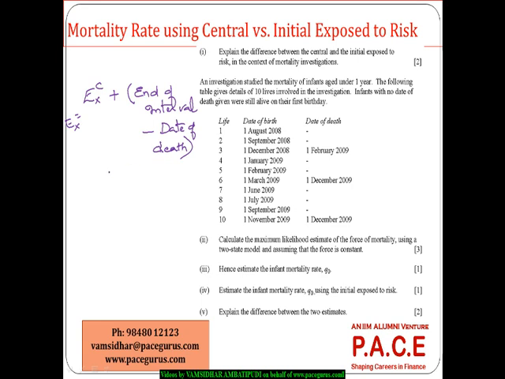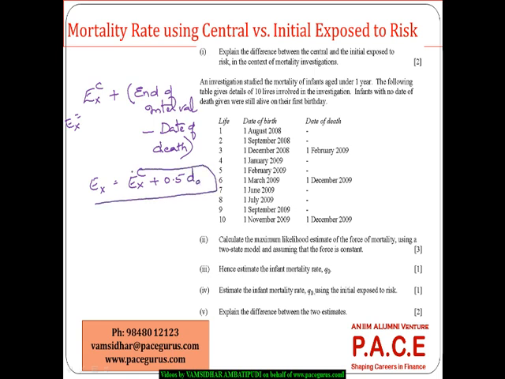So in general, we also see an approximation kind of calculation. Whenever I have to find the initial exposed to risk, I look at the central exposed to risk, and assuming that the deaths happen uniformly across the period, we compute it as the central exposed to risk plus 0.5 times the number of deaths that have occurred during the period.